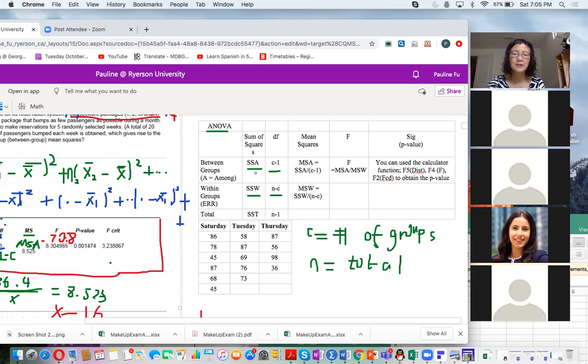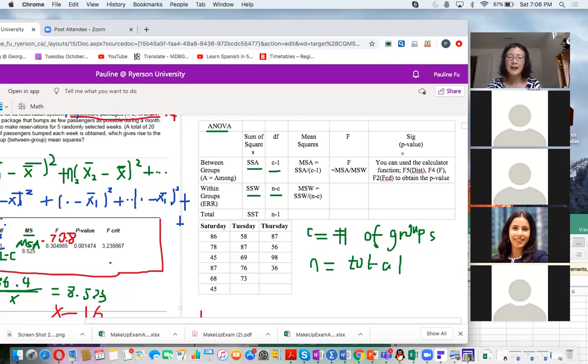So SSA divided by C minus 1, you get MSA. Similarly, how do you get MSW? SSW divided by N minus C. So F is just the ratio between MSA and MSW.